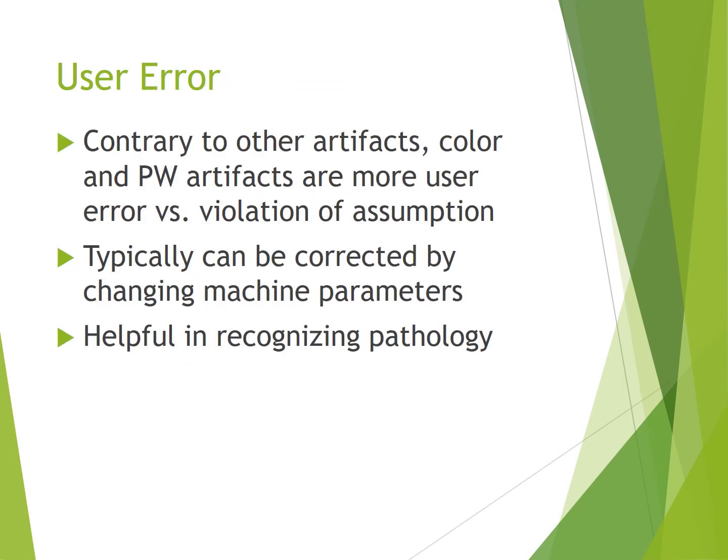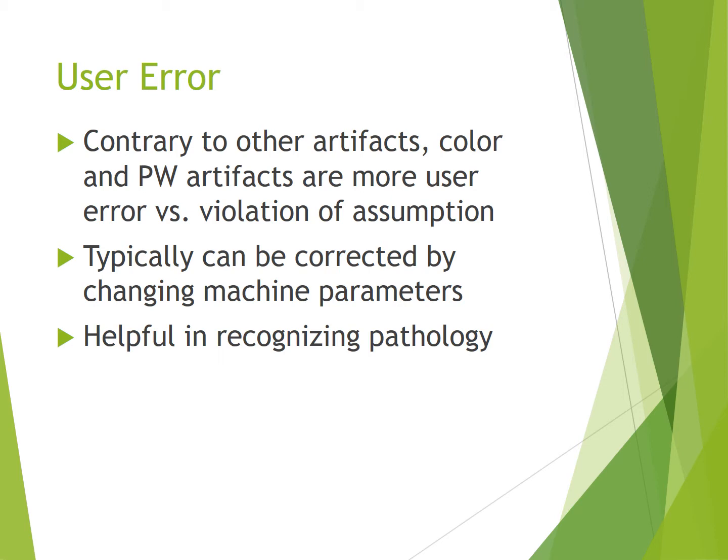So again, as I just said, color and pulse wave Doppler artifacts tend to be a little bit more on the user error side of things, or interference from talking or other outside forces. So it's not so much a violation of assumptions as an error in how we're operating our machine.